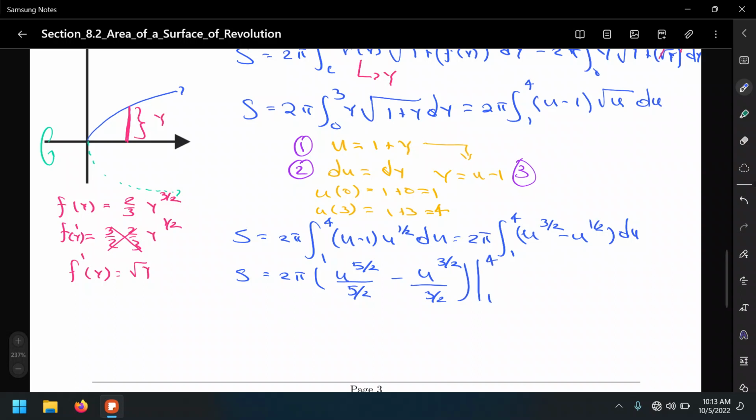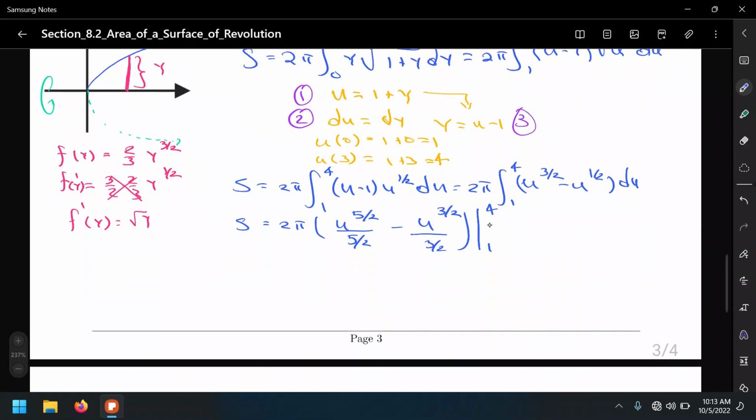Okay? So again, dividing by fractions is the same as multiplying by reciprocals. So that's 2 pi times 2/5 u to the 5/2 minus 2/3 u to the 3/2. This is still from 1 to 4.